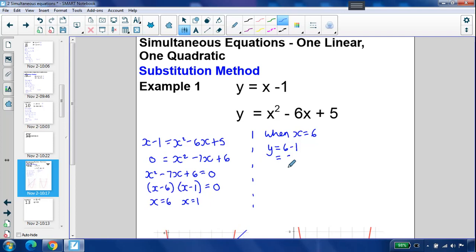So I'm going to get y is equal to 5. So here is one coordinate. Then when x is equal to 1, y is going to be 1 minus 1, which is 0. So another coordinate will be 1, 0.